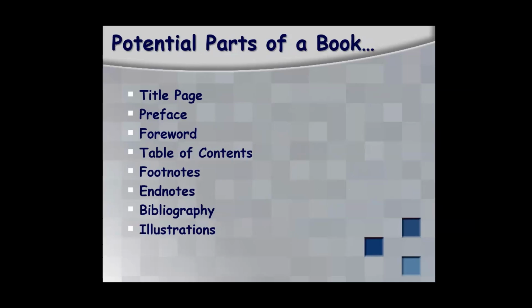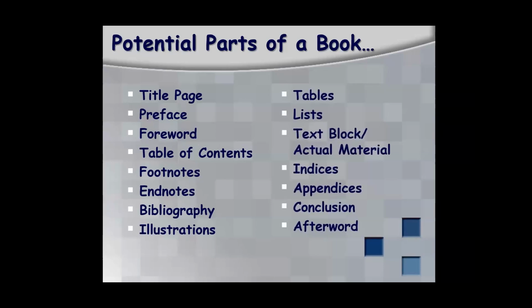So we have the potential of a title page, a preface, a foreword, table of contents, footnotes, endnotes, bibliography, illustrations. And if that's not enough, you have the potential of all of this: tables, lists, and then the actual text block, right? Indices, appendices, conclusions, afterwords.